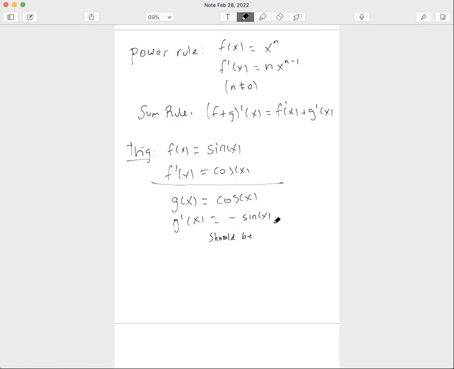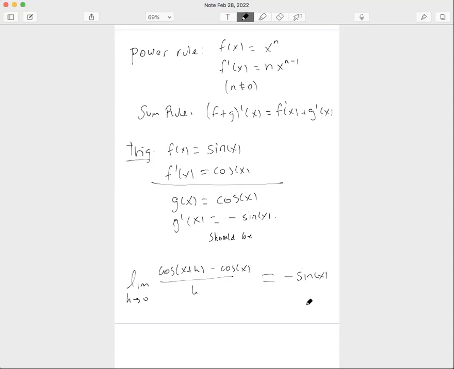For when we're working with our limits, the reason why it's negative sine is because of this fact. I really want to hammer in that this all comes from somewhere, these formulas. It's one thing just to memorize these things, but if you don't know where they come from, they're pretty meaningless.